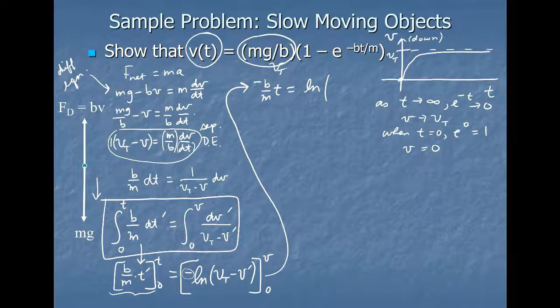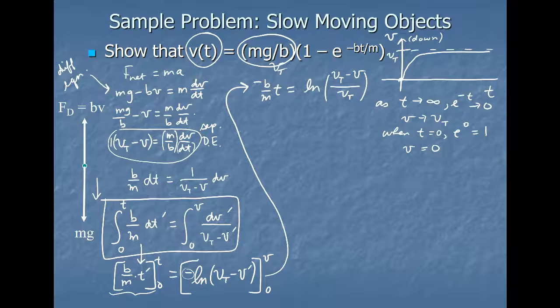Now to do that, we plug in when v prime is equal to v, and we would then subtract when v prime is equal to 0. But with natural logs, when you subtract, you can just divide like this.